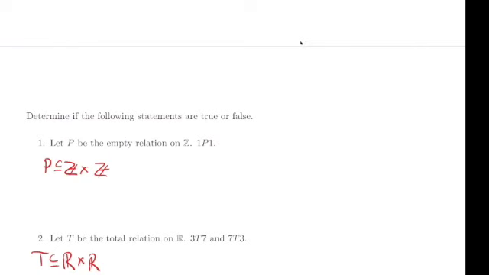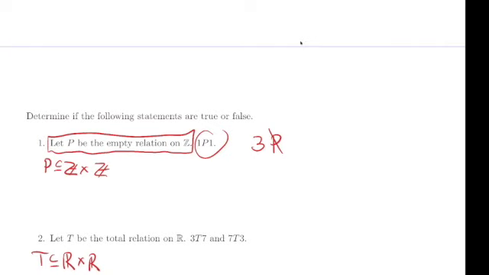So if the question ever goes like this, and you're asked whether something is true or false, then no matter what two things you pair up, it is not true. And if I said the opposite, that would be a true statement, because nothing is related to anything else. Okay, any questions about that?